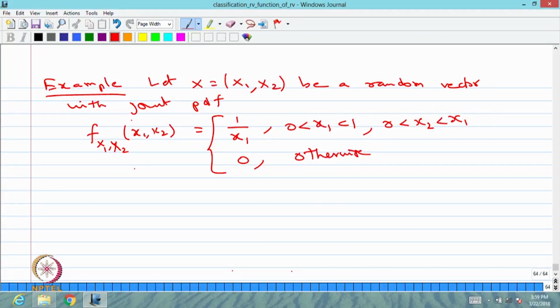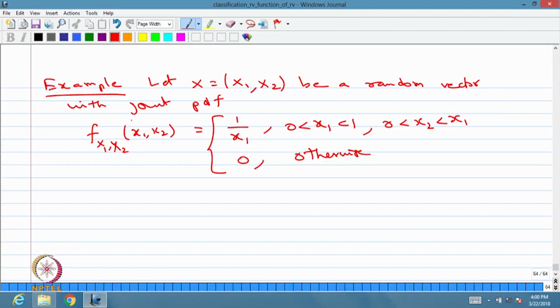So, this is the joint probability density function of the random vector x1 comma x2. We can verify that double integration of a joint probability density function has to be 1.